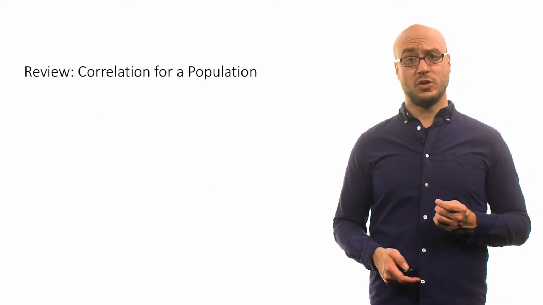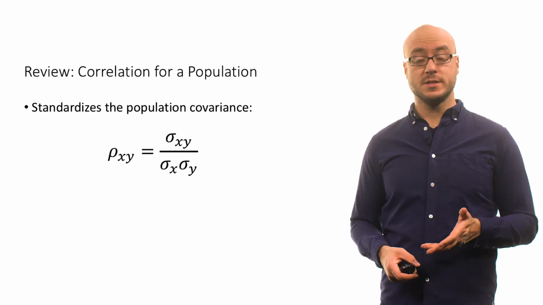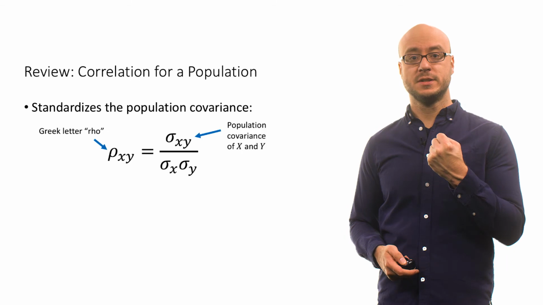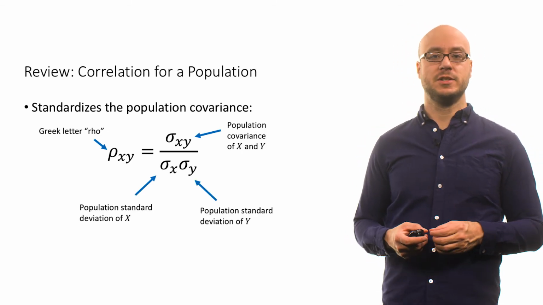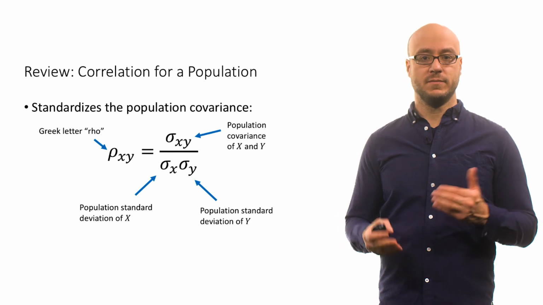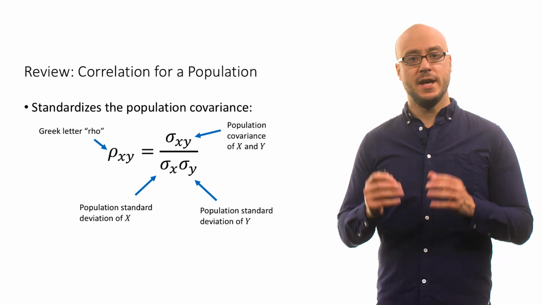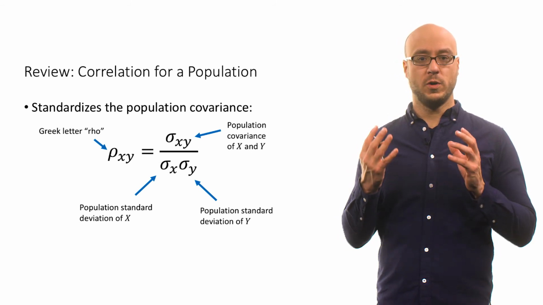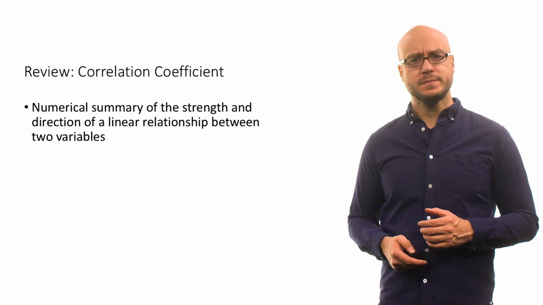When we calculate the correlation for a population, again, we're just standardizing the population covariance. So you take the population covariance and you divide by the population standard deviation of x times the population standard deviation of y. So you just divide by the standard deviations of each. And the Greek letter is rho for the correlation for a population.